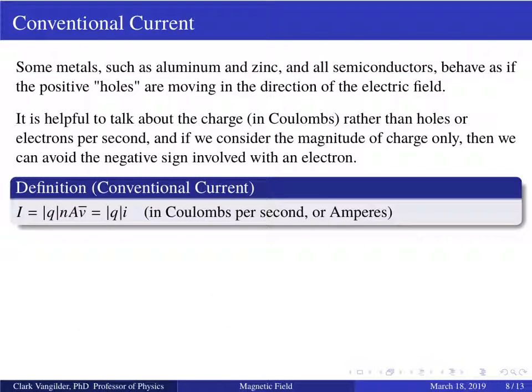All right, so here's this change, if you will. Capital I for conventional current, right? And it's the magnitude of the charge in that N I V, or just magnitude of charge times our electron current flow. So basically it's making it positive, which would turn it around.